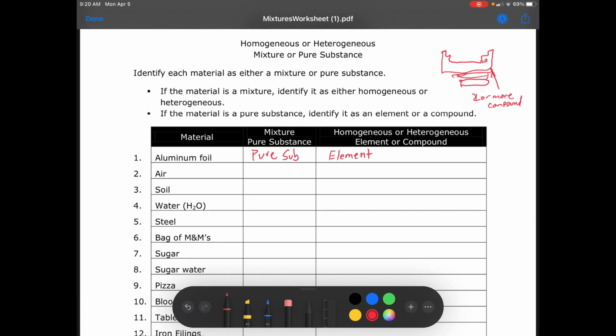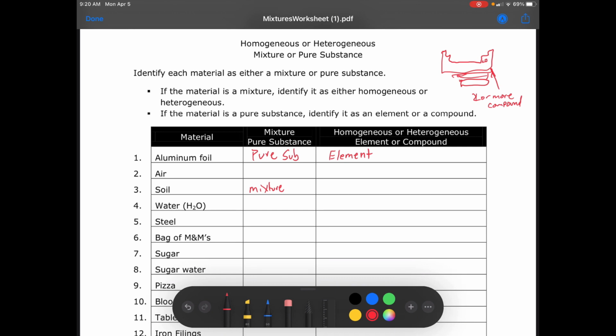So let's keep going. I'm going to leave air because that is going to be part of your exit ticket. So let's go to soil. Soil is a mixture because it's got various particles in it that you can separate and pick out. It doesn't look uniform throughout.